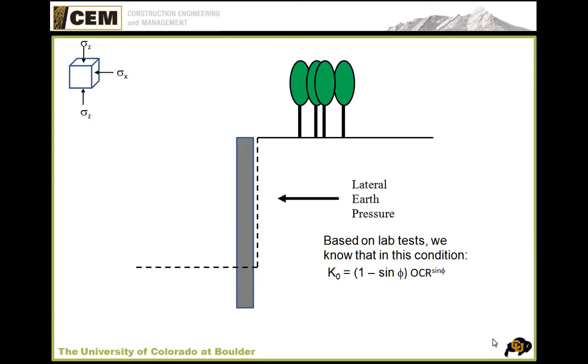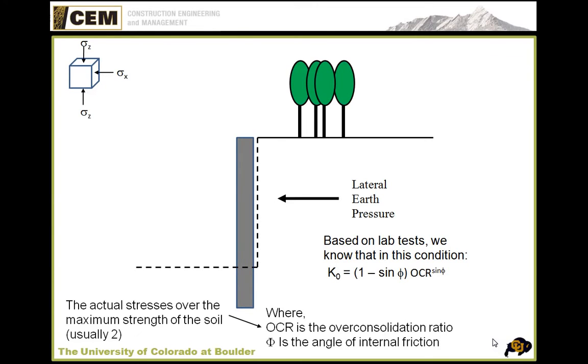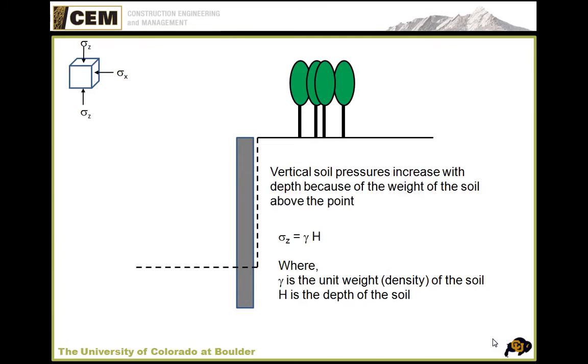What this is telling us is this value, our at-rest earth pressure, depends on the natural failure plane, our friction angle, the angle of repose, and the over-consolidation ratio, which is the ratio between the pressures that exist in the natural state and any induced pressures, or the maximum pressure that it can withstand. So that's our over-consolidation ratio. Over-consolidation ratio is actual stresses over maximum stresses. We're going to use 2 in this. That's typical for these problems.